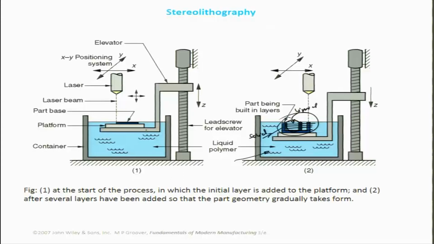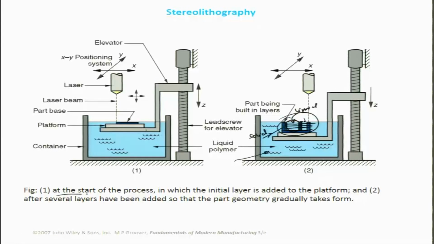So, the curing action would only happen here and the laser would be switched off while it scans in this portion, again switching on in this particular area, off in this area, and whenever the laser is switched off there is liquid resist left over, and when it is switched on there is solid resist left over, and layer by layer this way you can fabricate the parts.